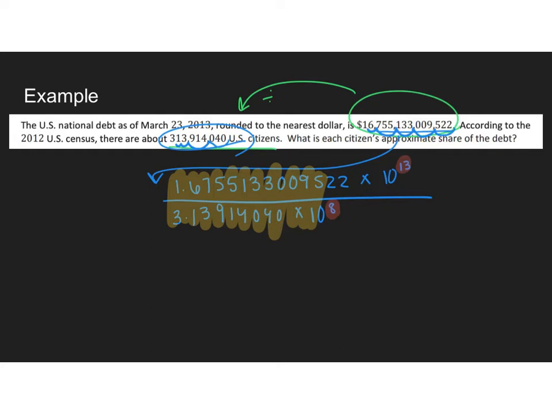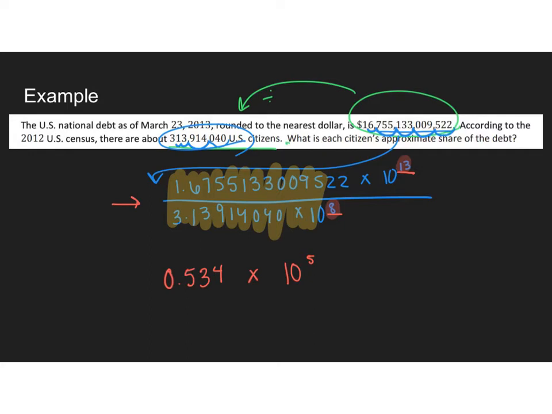This comes out to, in my calculator, 0.5337, blah, blah, blah. I'm just going to round it to 0.534. It's okay to round at the last step. I didn't want to round up here because we still had to do some math. And 13 take away 8 is 5. So we have this number, 0.534 times 10 to the 5th.